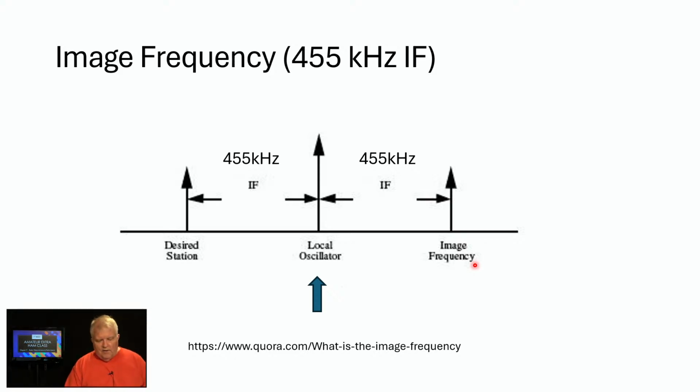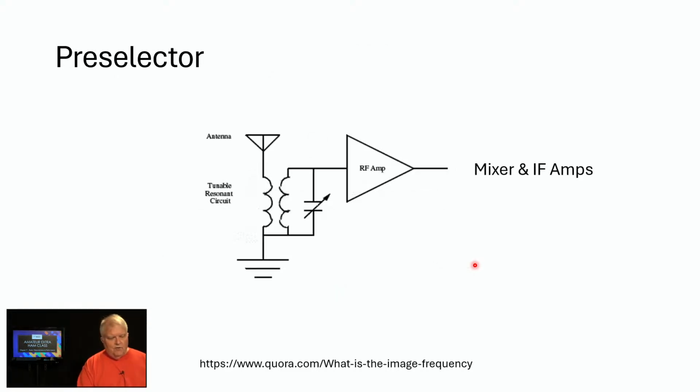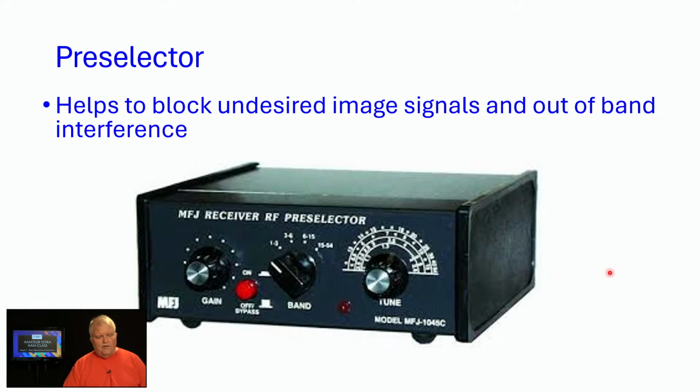And one way that you can eliminate that is by use of something called a pre-selector. A pre-selector goes in front of the RF amplifier in your radio. It may be built into the radio, or it may be outboard. And it's a tunable circuit that's allowed to sharpen up to try to eliminate or block some of those undesired image or out-of-band interference signals.